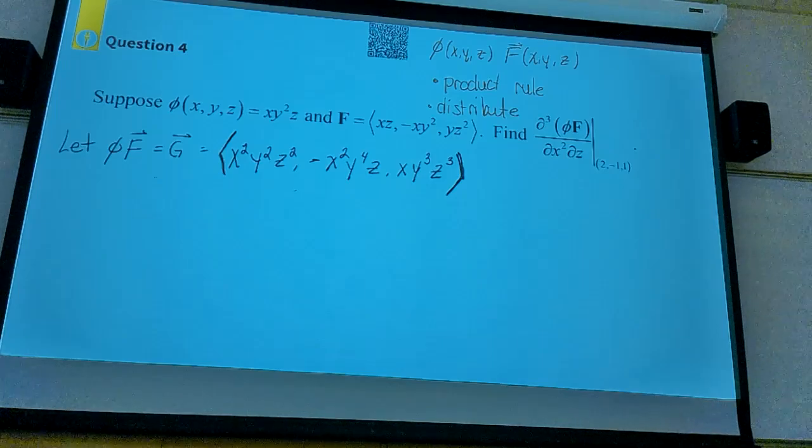For a partial? I thought it did. What did Clairaut's theorem say? Oh, I guess if you mix it, the order in which you take the partials doesn't matter. Oh, okay. So you can do that in any order you want. Right? It's written as ZXX, but you could do XZX or XXZ. It doesn't matter.